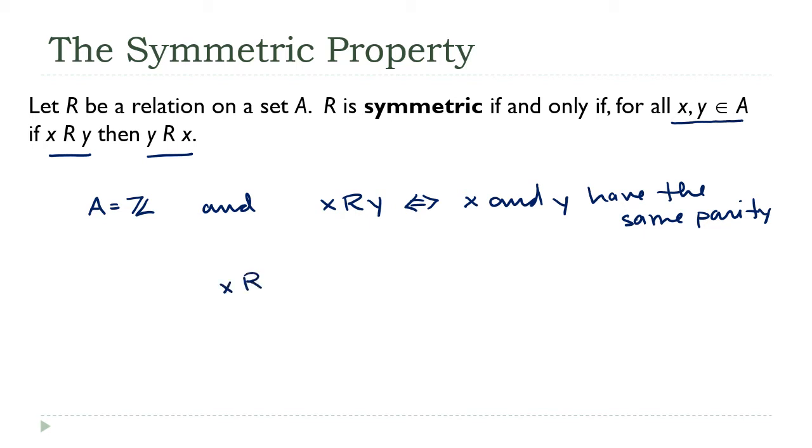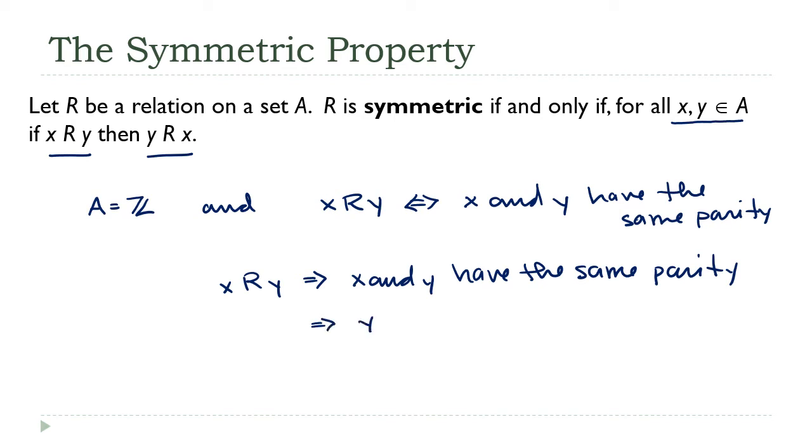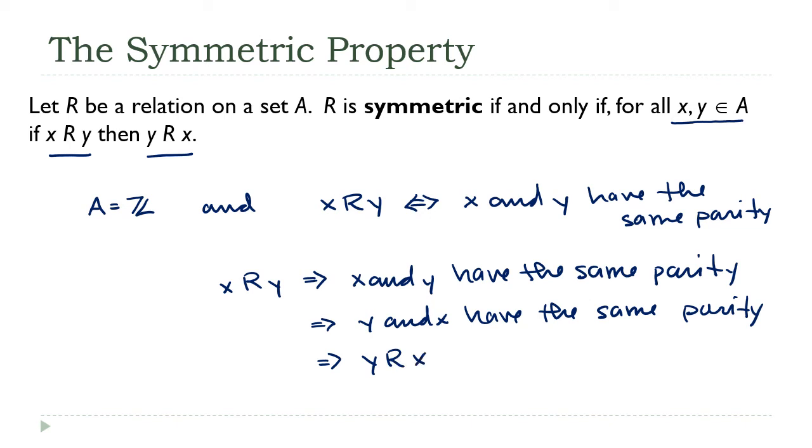If X is related to Y, then X and Y have the same parity. But now in the English sentence here, the order doesn't matter, right? So this is the same as Y and X have the same parity, which implies Y is related to X as well. And that's what we need for this symmetric property.